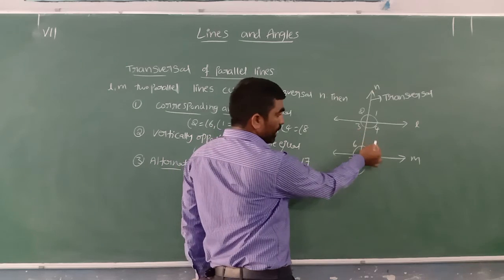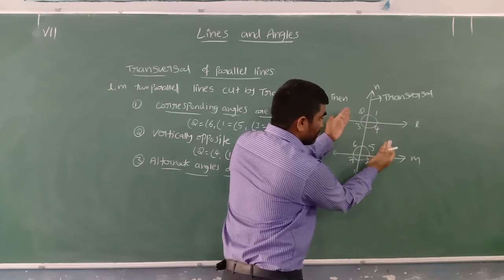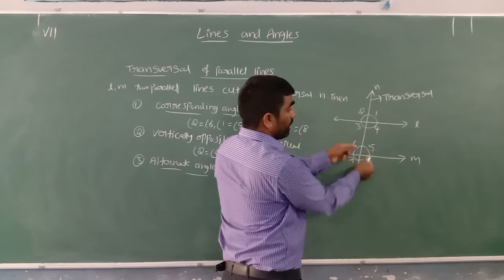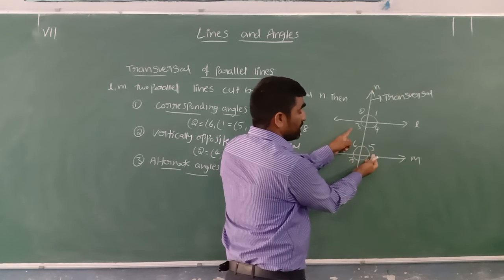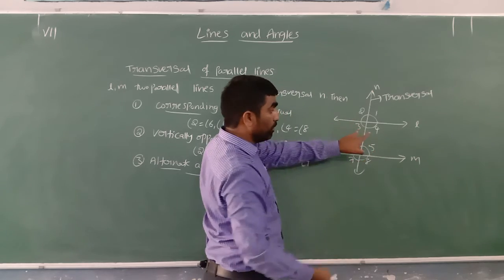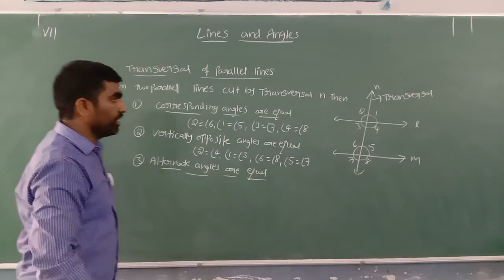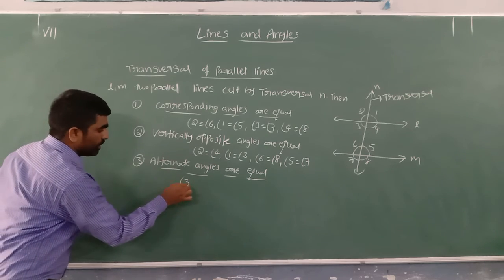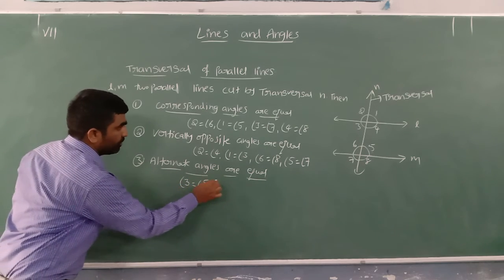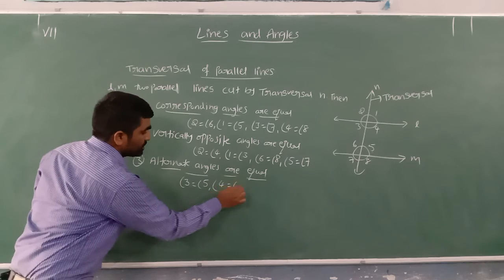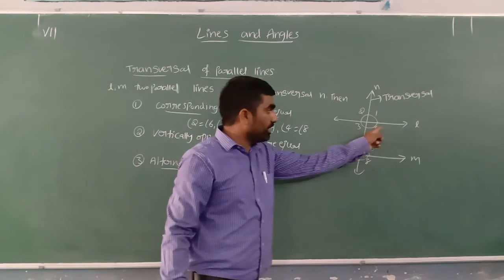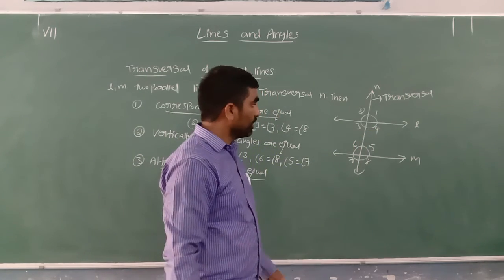Angles 3 and 5 are on different sides of the transversal, not adjacent, and both are interior. I can write angle 3 is equal to angle 5. Similarly, angle 4 is equal to angle 6. 4 and 6 are alternate angles.